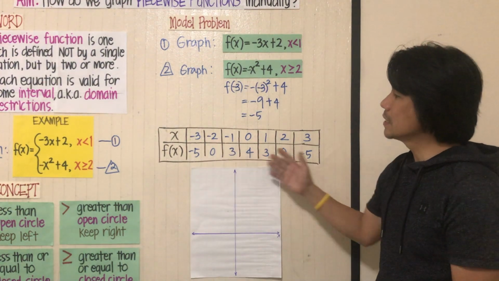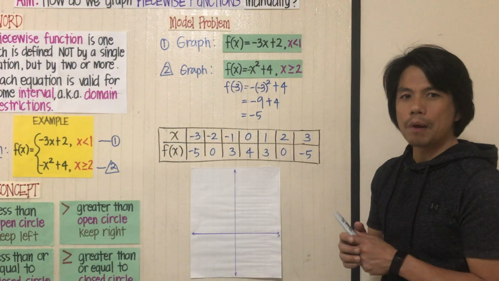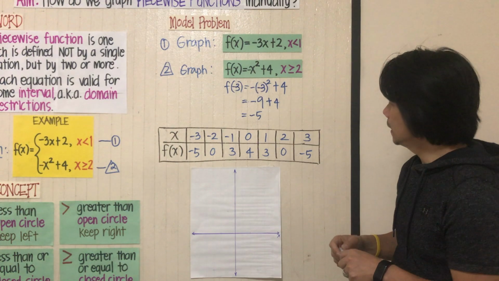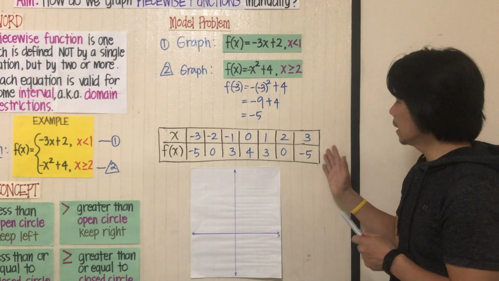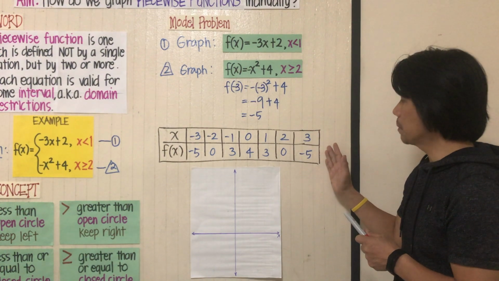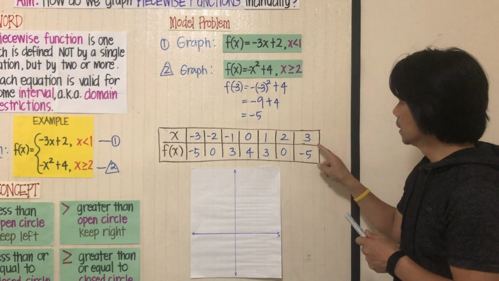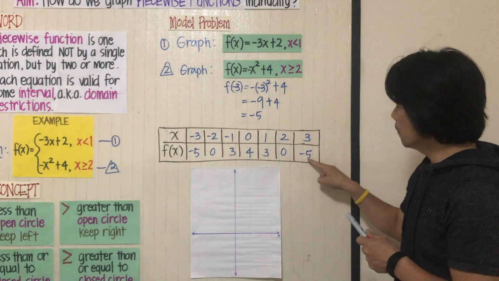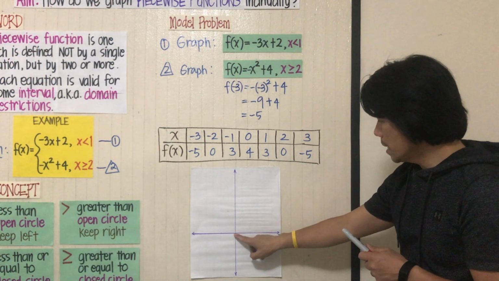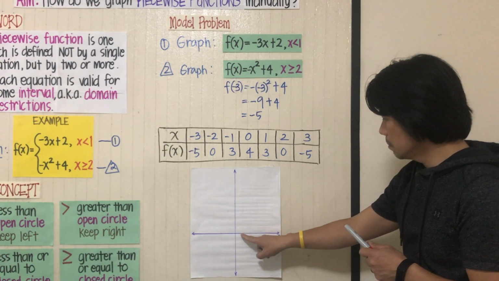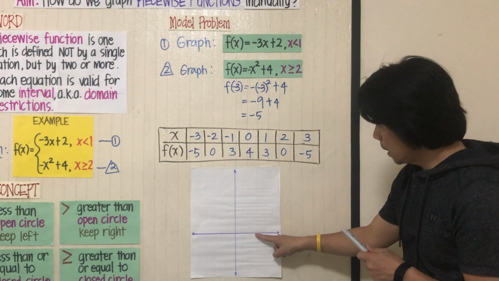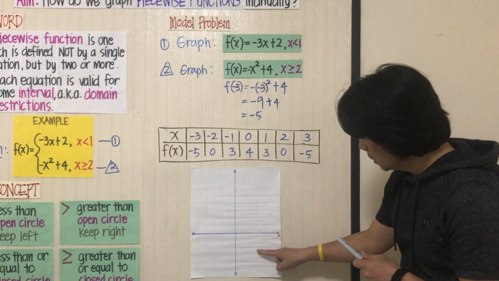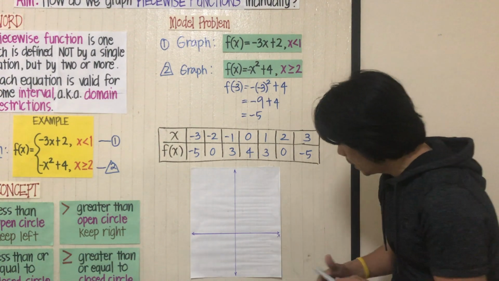After completing the table, now we're ready to graph the coordinates. It's up to you where you want to start, but I suggest you start from the positive side. So positive 3, negative 5. Positive 3 on x, so I'm going to move 3 to the right, 1, 2, 3, and then negative 5 down, 1, 2, 3, 4, 5.